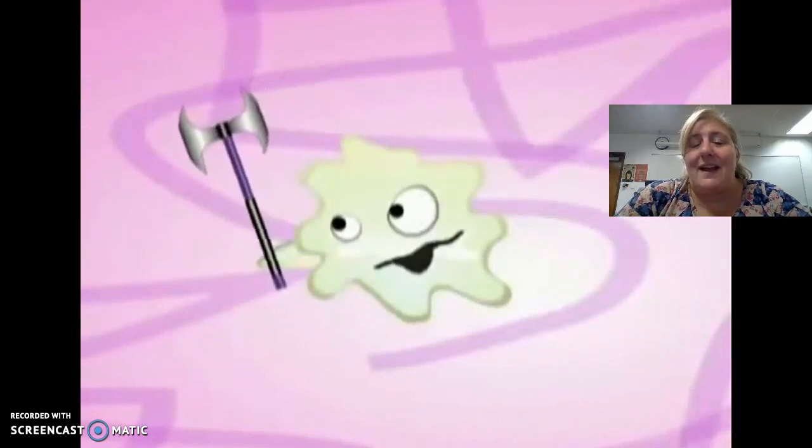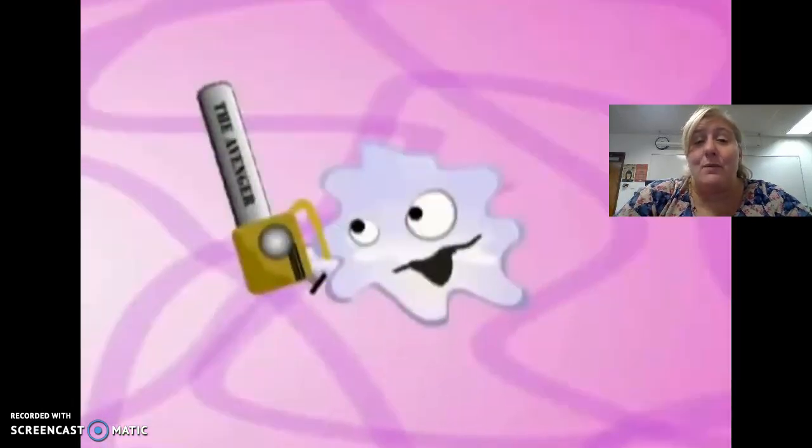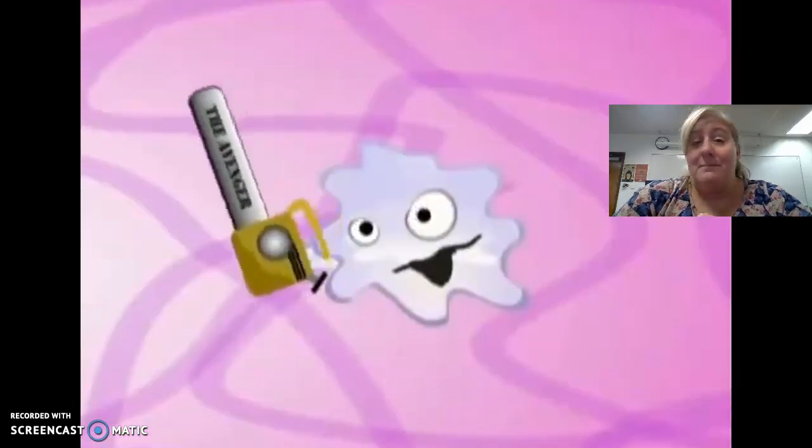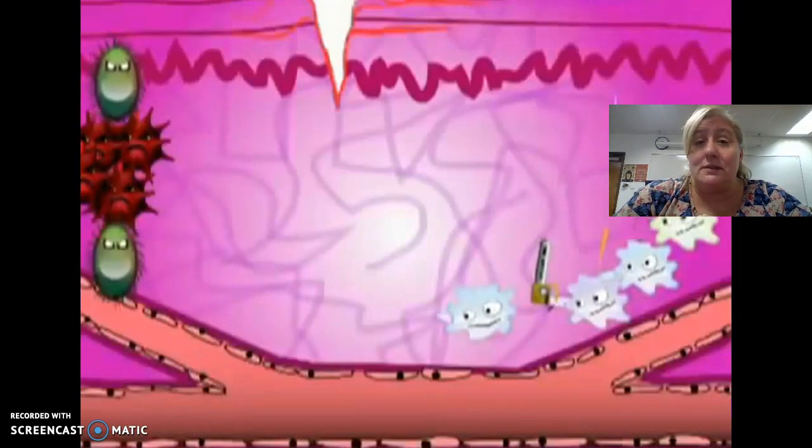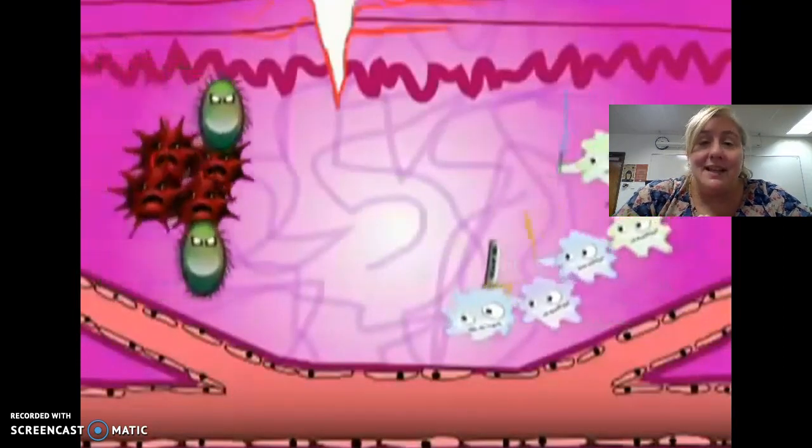Probably not the way, in fact, I'm positive this is not the way white blood cells actually work, because they don't have these type of tools. But it's still interesting, and they do clean up the environment.